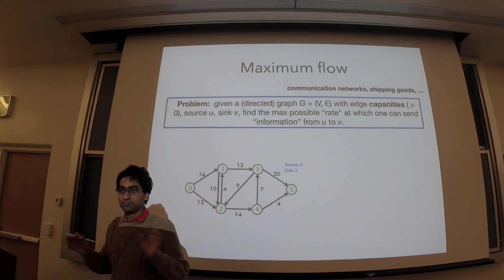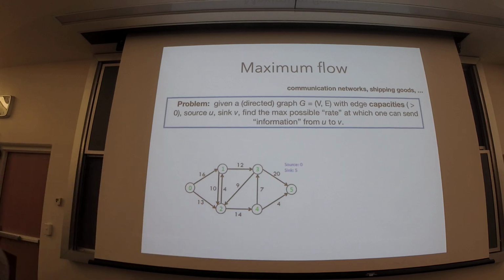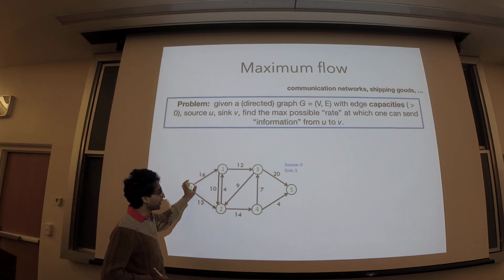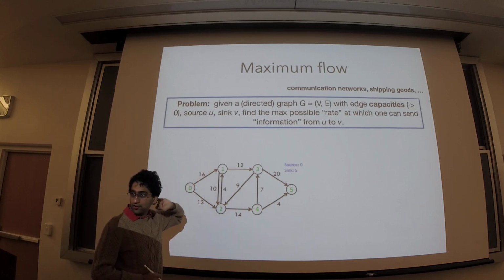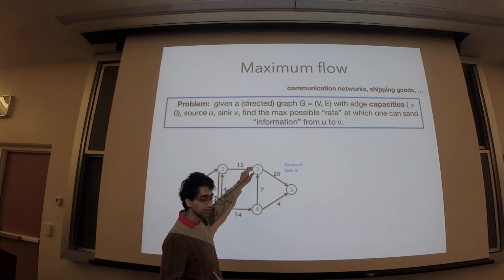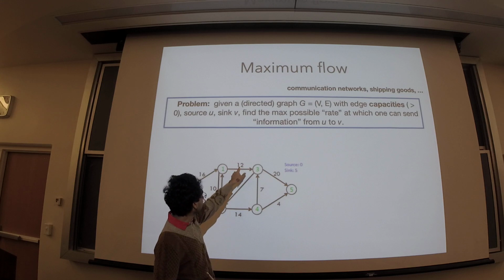I'm being very vague here, so let's look at a concrete example, which is a communication network. In a communication network, a capacity could be the maximum bandwidth along an edge. Suppose I have an edge ij, and there is a capacity of 12 here.